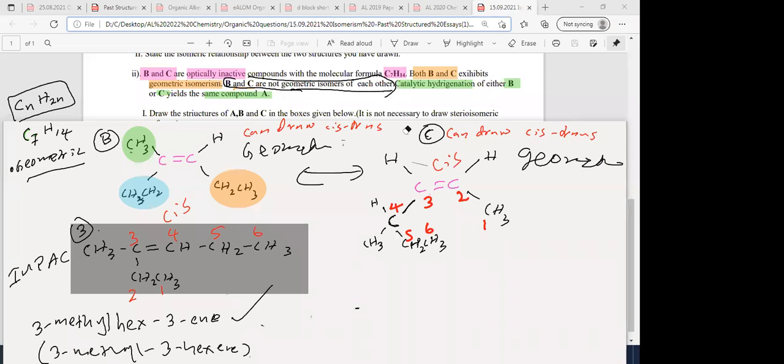Okay. Now how to write the IUPAC name? Now you can write it. I will highlight the substituent group here. This is CH3. CH3 acts as a substituent group, no?